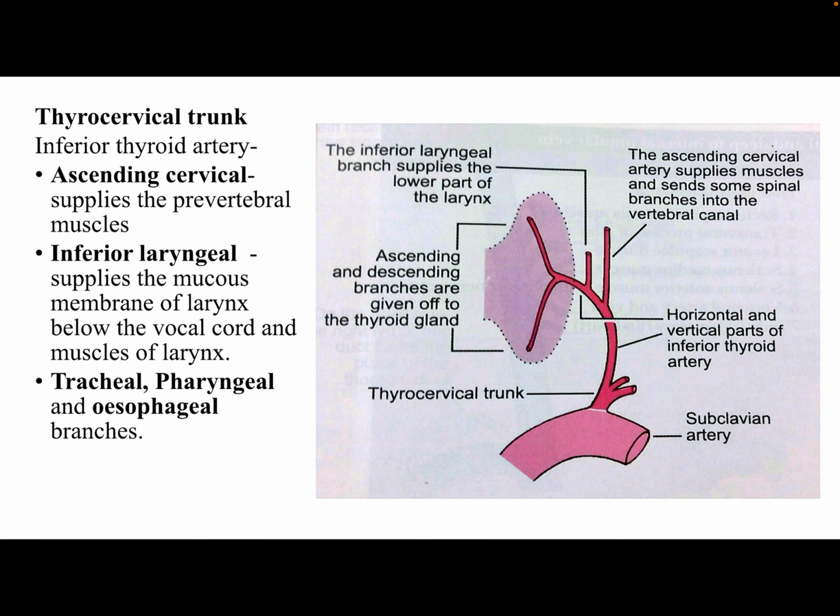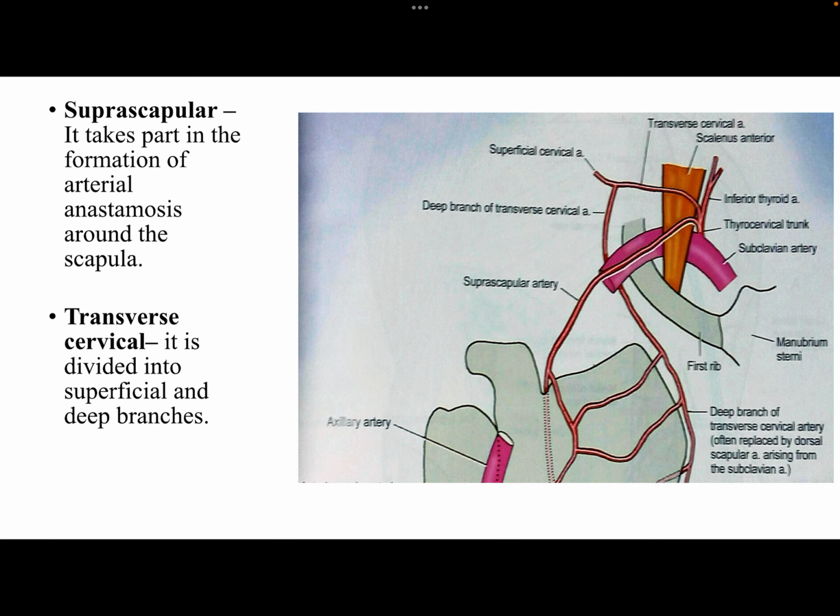The next branch is the suprascapular artery. The suprascapular artery turns laterally across the scalenus anterior muscle to reach the posterior triangle. Here it crosses anterior to the third part of the subclavian artery and the brachial plexus.